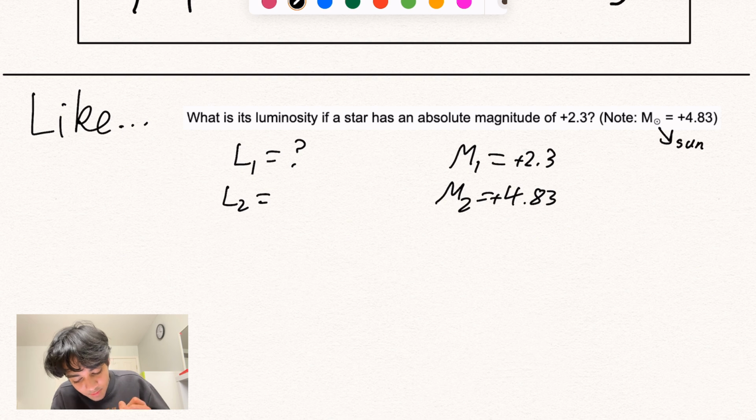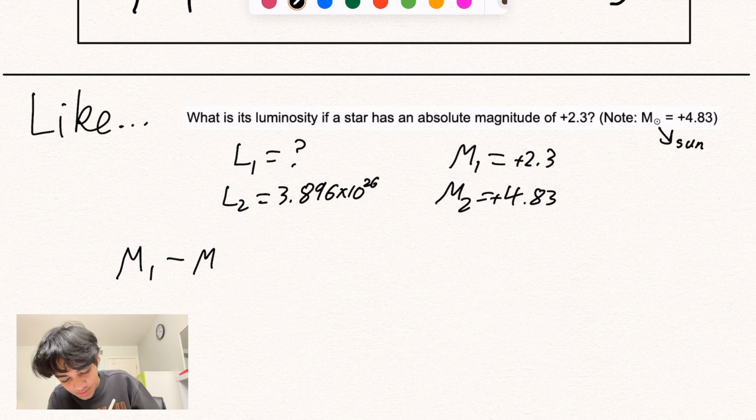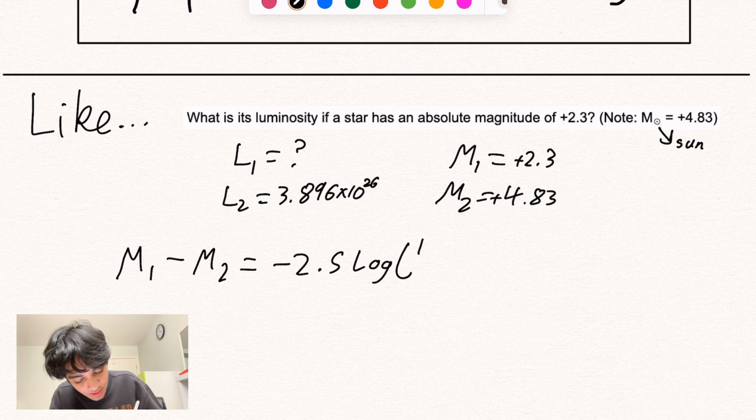And from our last problem, we know that the luminosity of our sun is 3.896 times 10 to the power 26. Now we can plug these into our formula, just like we did before. So we have M1 minus M2 equals negative 2.5 log L1 over L2.